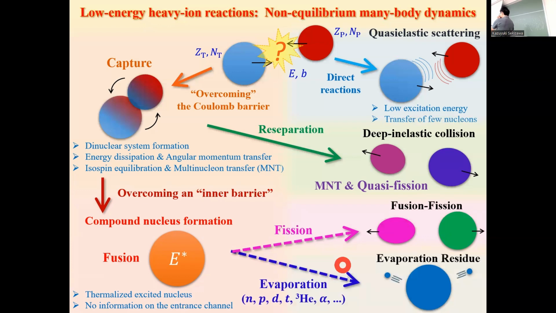And of course, it can emit some nucleons, like neutrons, protons, and some light particles. It is called the evaporation process. Those evaporated nucleons can take part of the excitation energy. So this excited compound nucleus cools down, and it eventually becomes a cold ground state nucleus.